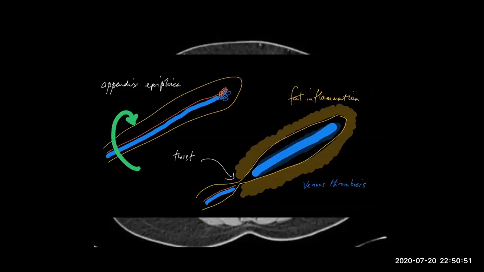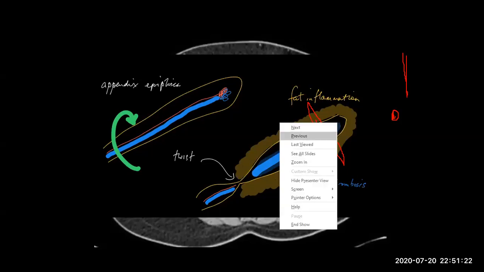If you cut it here, it will be a dot. If you cut it in long axis, it will appear as a line sign. Either line or dot sign, and you also see the hyperattenuated ring sign surrounded by fatty tissue.